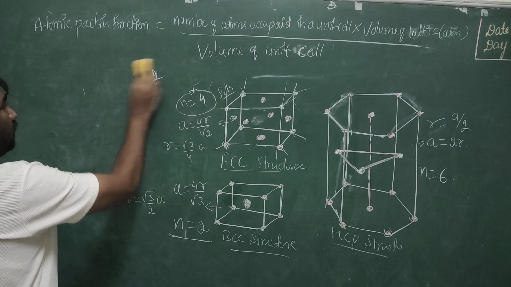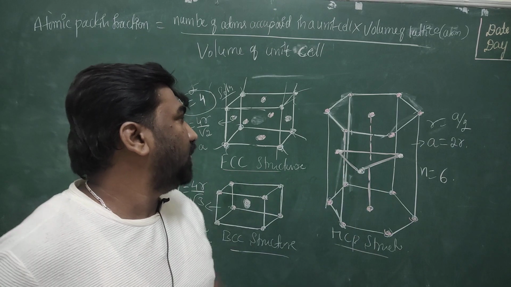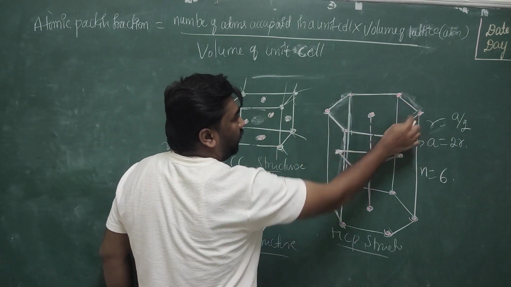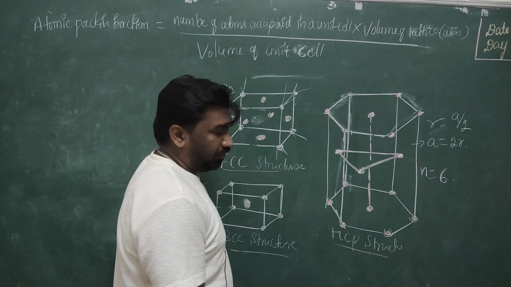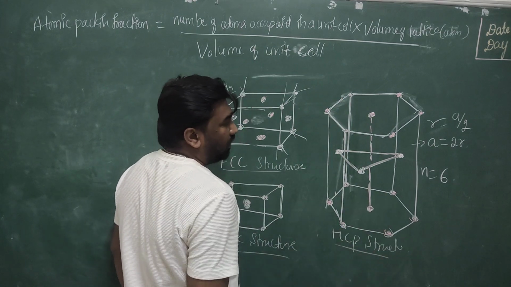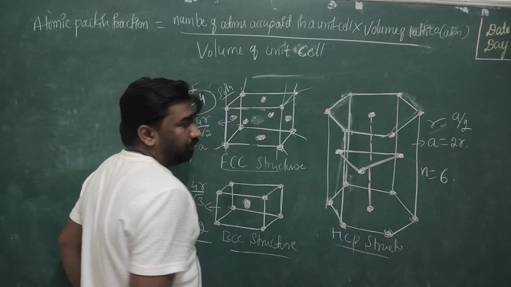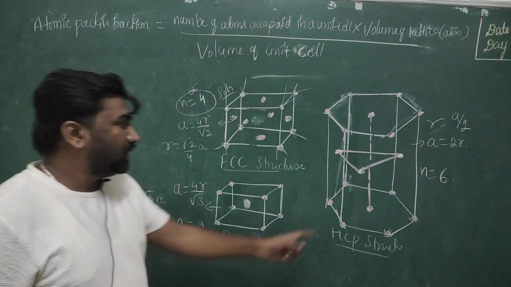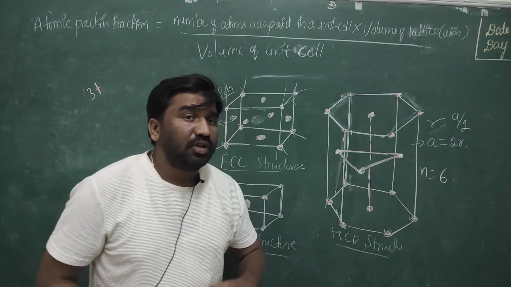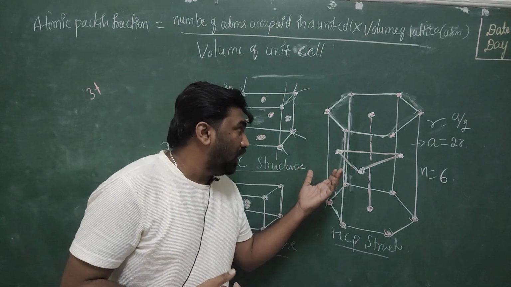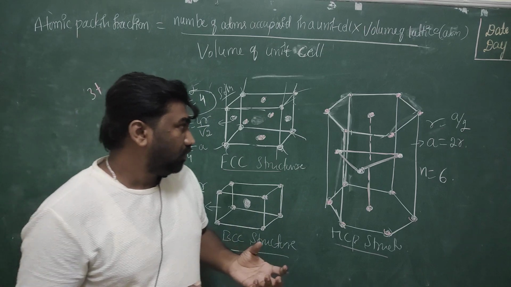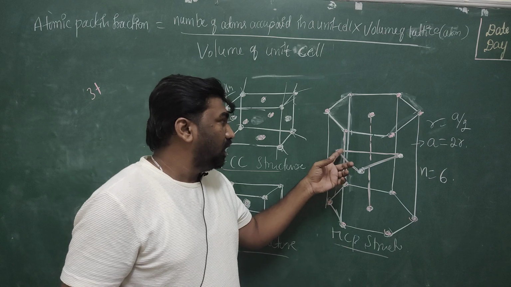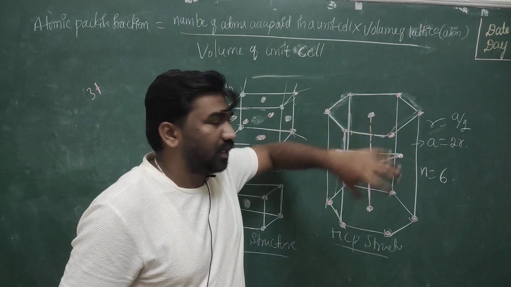Next, for HCP. In the upper surface you have 7, in the lower surface we have 7, and here we have 3. These 3 do not share any lattice with another unit cell, so these 3 belong only to this unit cell.